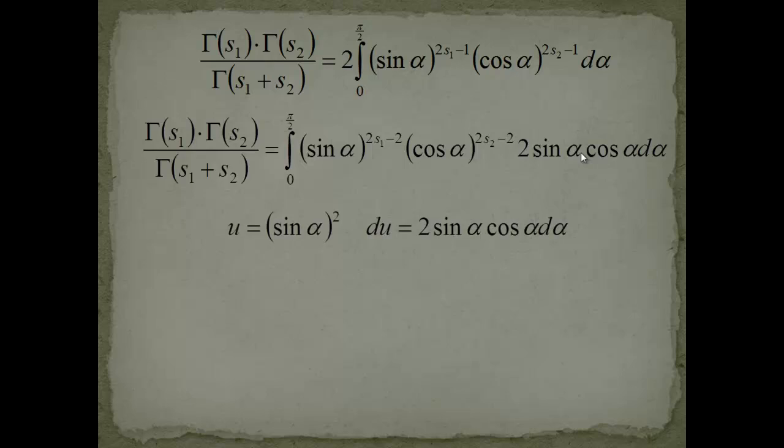Now, what am I doing, okay? If I'm looking at this, and I have 2 here and 2 here, so common 2, I can factor this out. So I have sinus alpha squared to the s1 minus 1, okay? I will substitute another thing. I will say u is equal to sinus alpha squared.